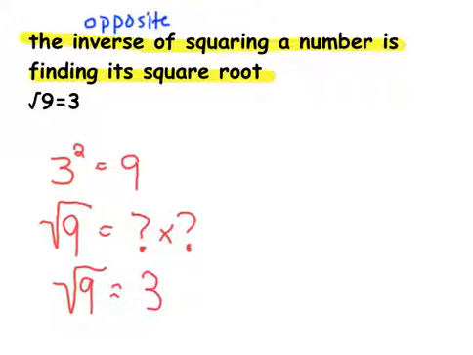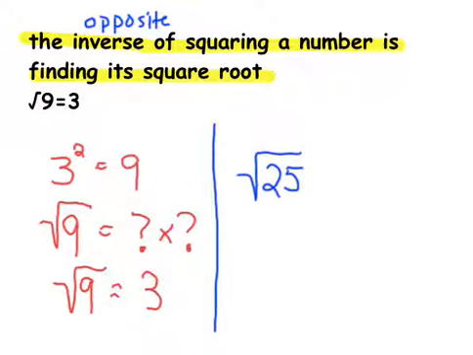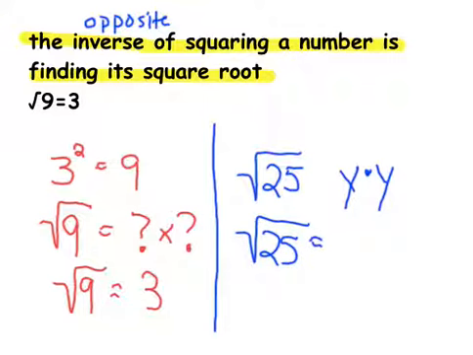Another example. What would the square root of 25 be? To solve this, I have to think to myself, what number times itself equals 25? 5.